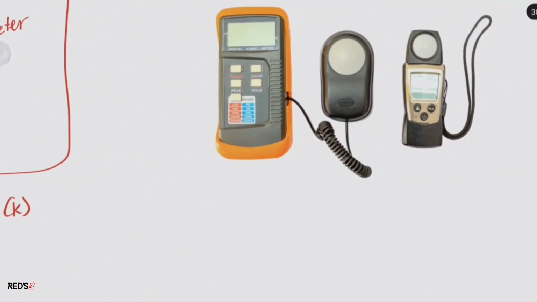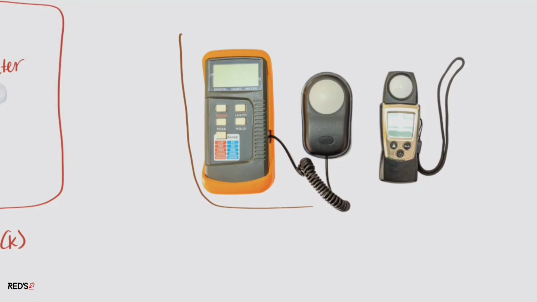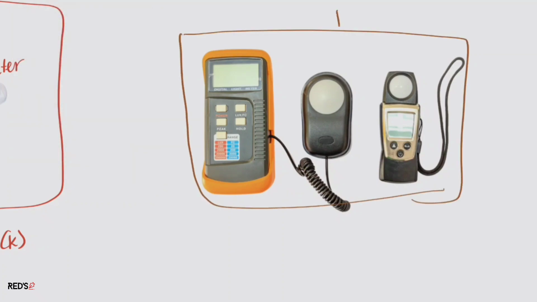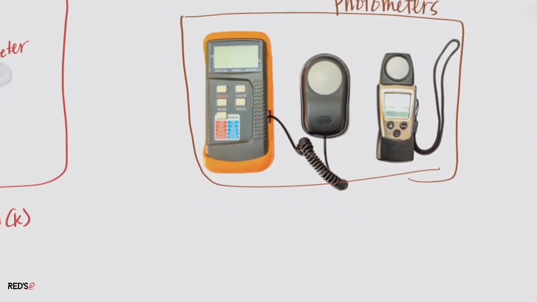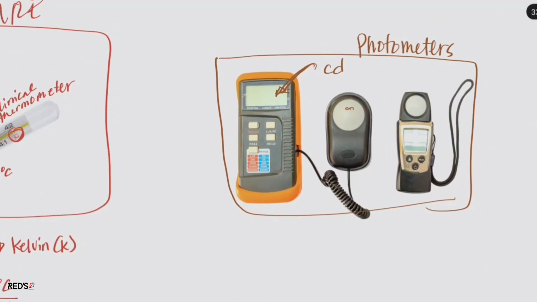Lastly, we have these ones. This is what we call photometers. The value that will be reflected here will be measured in candela, right? So this is a ball, actually. This is a round ball, like the ones that you can see in the mouse previously.